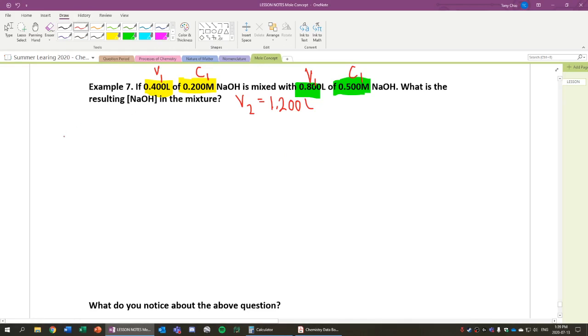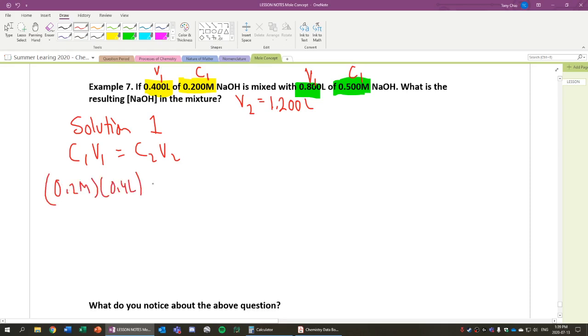Actually, I'll title it a bit differently. Let's call this one solution 1. C1 V1 is equal to C2 V2. So in this case, our first solution is 0.2 molarity times 0.4 liters is equal to C2, which we don't know, times 1.2 liters.